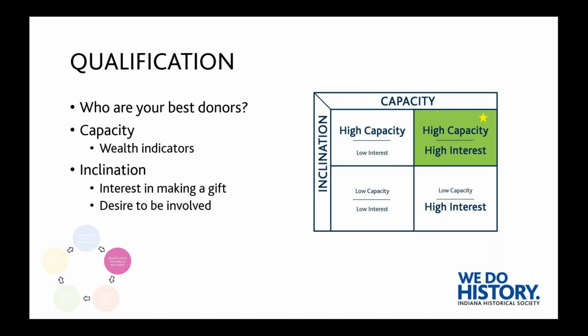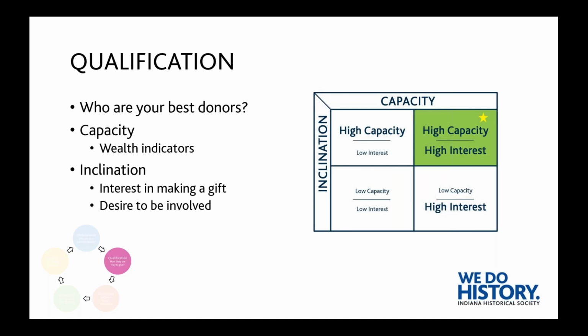So, use the knowledge that you have at hand. Donors' inclination gives evidence of their interest in supporting your organization. Inclination is often determined by things such as past philanthropic support or board service to you or anyone else.